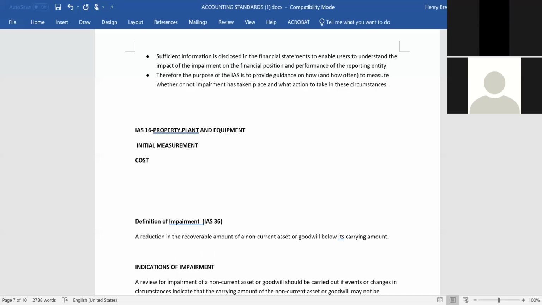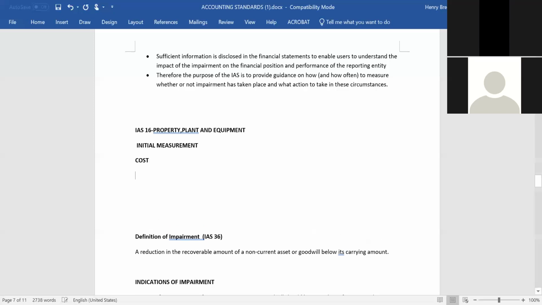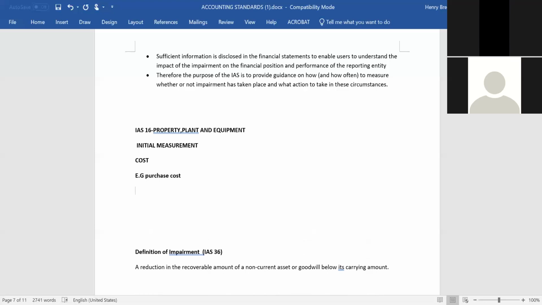If we are buying the property, then all costs in terms of the purchase price plus any cost which will bring this asset into a workable condition and location is supposed to be capitalized. Perfect examples can be in relation to, let's say, installation costs. So if I buy it, then the purchase cost plus, say, shipping costs.